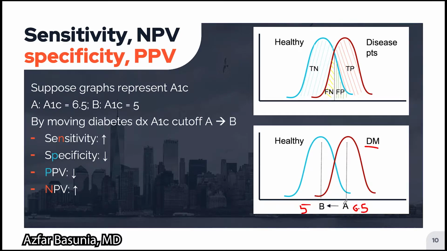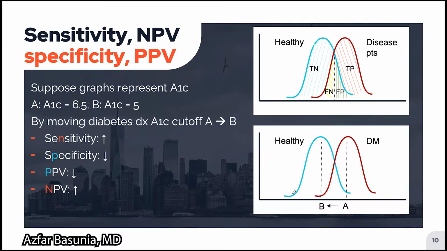When we move the threshold of diagnosing diabetes from A1C of 6.5 to an A1C of 5, we may catch a lot of patients who have biochemical diabetes but whose A1C is on the borderline, let's say at 6.4, 6.2, 6.1, etc. Thus, the true positive rate will be higher, which means the sensitivity will be higher and the N's move together, so the negative predictive value will also be higher.